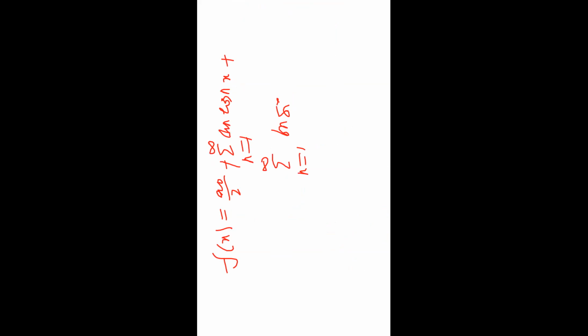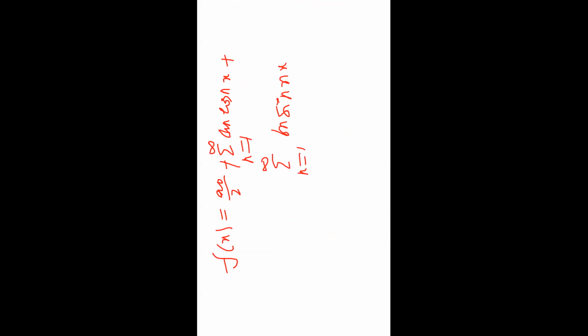Substituting all the values a0 by 2, an and bn in the above series, f of x equals a0 by 2 plus sigma n equal to 1 to infinity an cos nx plus sigma n equal to 1 to infinity bn sin nx.